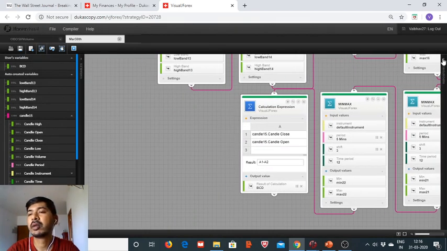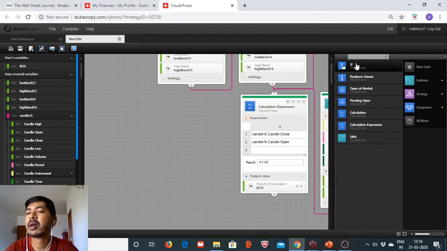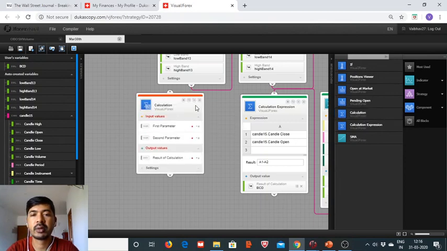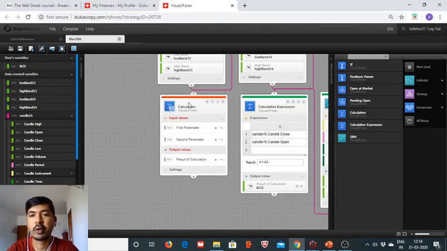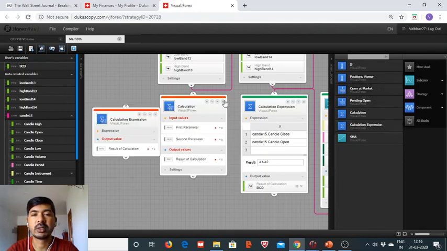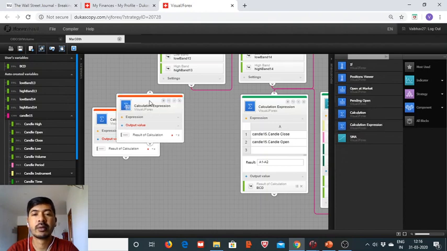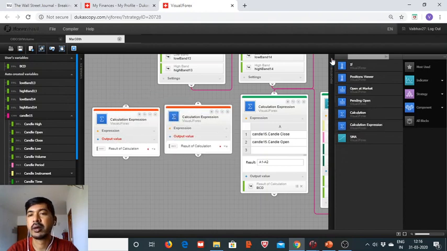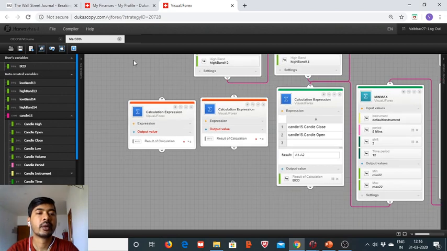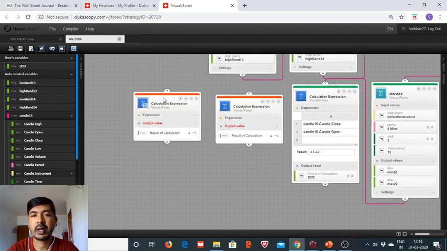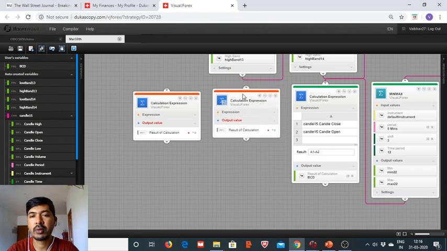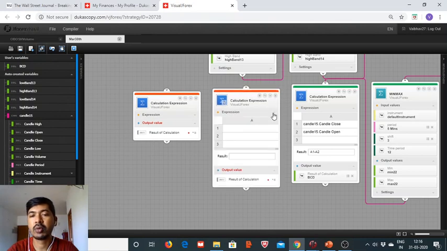Now we want this difference to be at the minimum 30% of the ATR, and we want the same condition for the sell side also. So we will need two calculation expressions. So we bring in, for the sell side, the candle open will be higher than the candle closing.